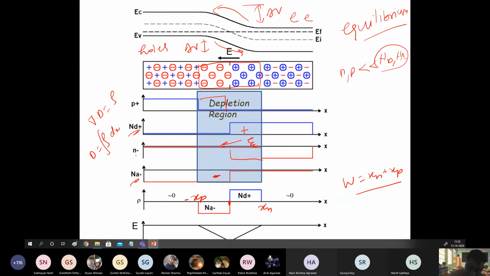If you integrate here, it's a constant charge, so as you go along the integral will be linear, so you will get a linear field here. Now at this point the charge is maximum, q NA times xp, right? After that, charges start decreasing, again linearly, so the field starts to decrease. So there is a maximum electric field at the metallurgical junction.